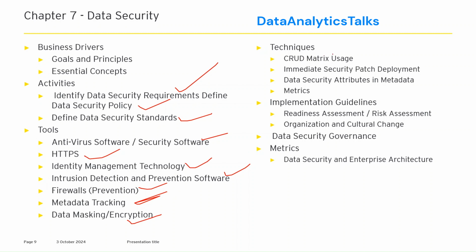Then it talks about security techniques like CRUD matrix usage, immediate security patch deployment, data security attributes in metadata, and metrics. And some implementation guidelines: readiness assessment, risk assessment, organization and cultural changes, data security governance using metrics, and data security in enterprise architecture. So this is more about data security.